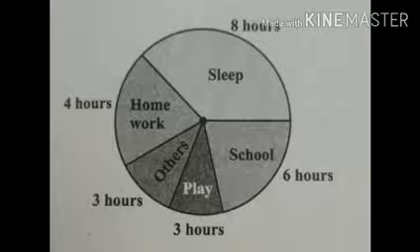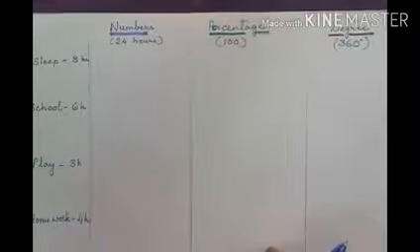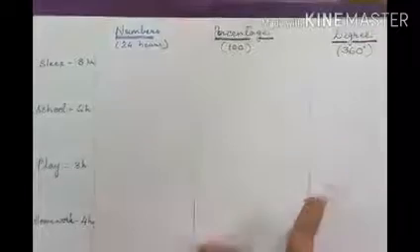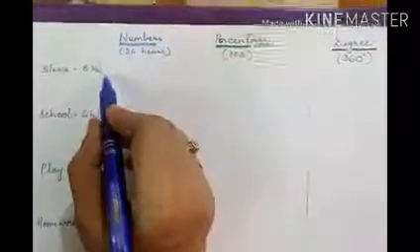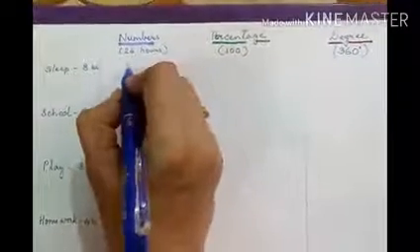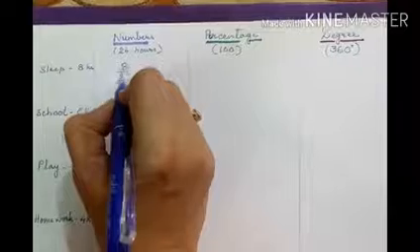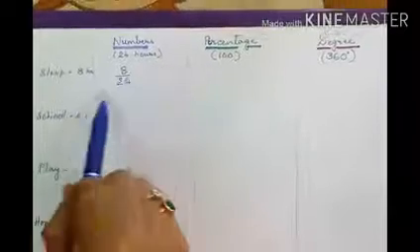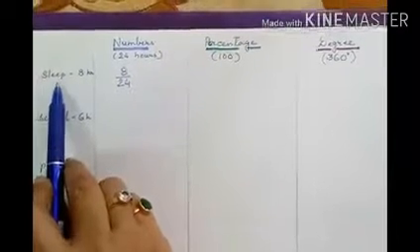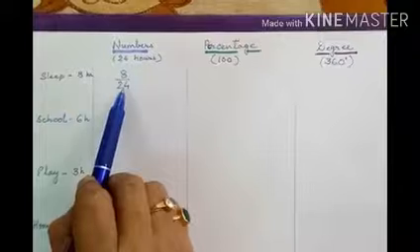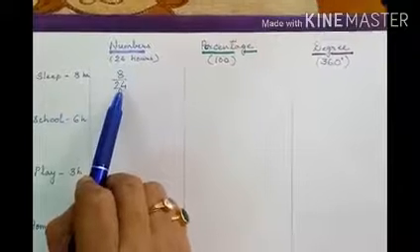So now let's see how to convert from one form to another. 8 hours of sleep means 8 out of 24 hours are spent in sleeping. Now if I have to convert it into percentage, it is very simple.